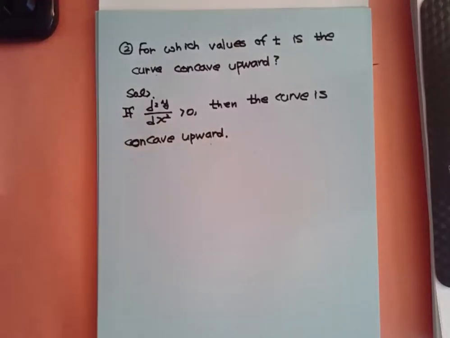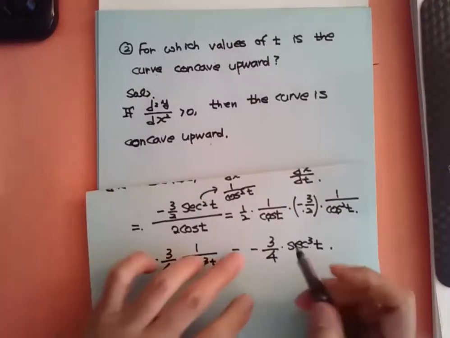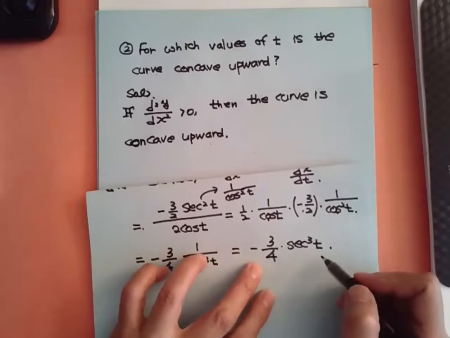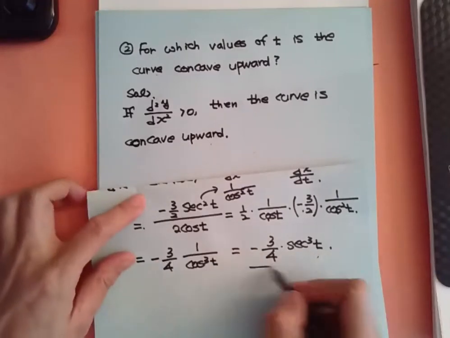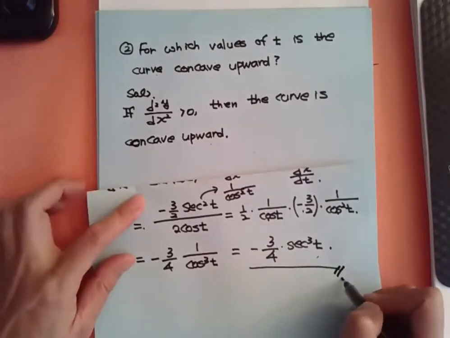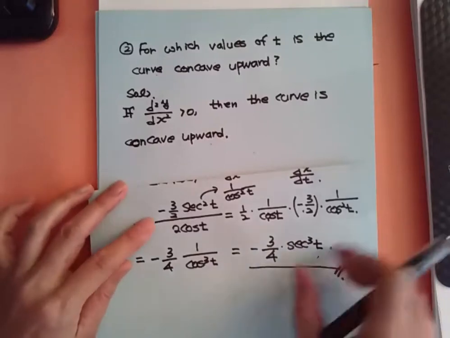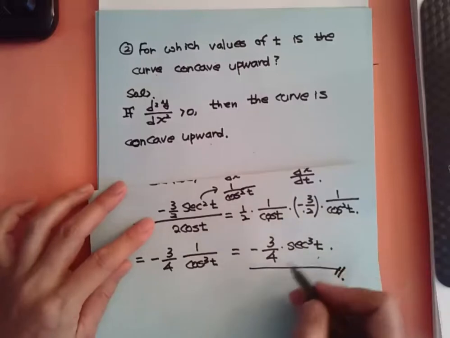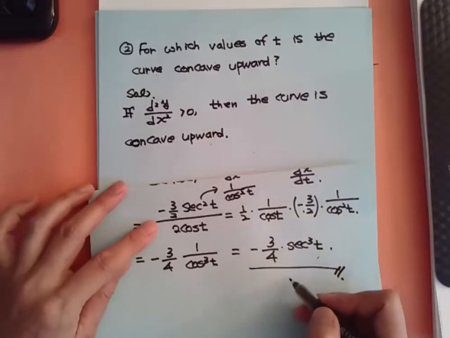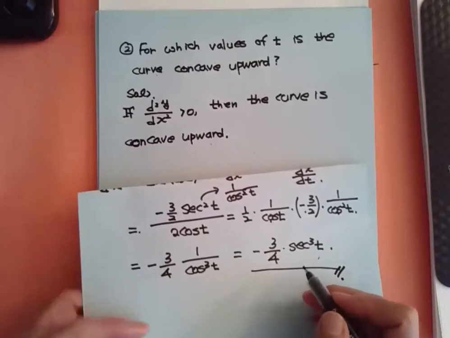What we calculated was negative 3 over 4 secant cubed of t, right? So this is something cubed, so the sign of this one is identical to secant of t, right?